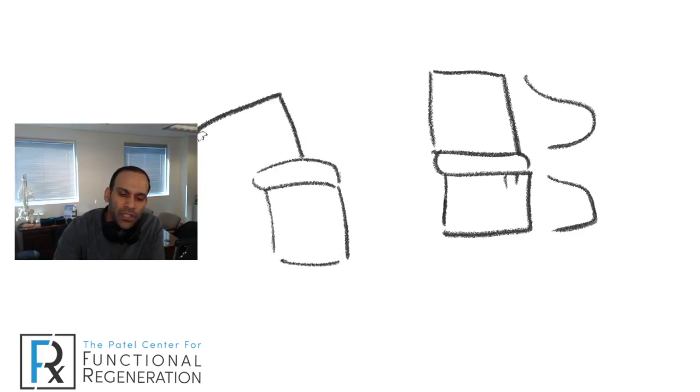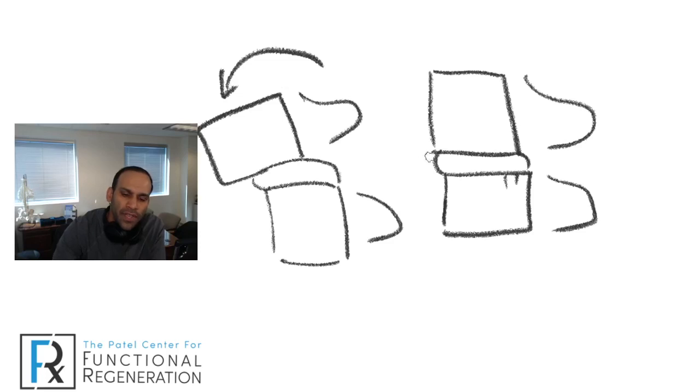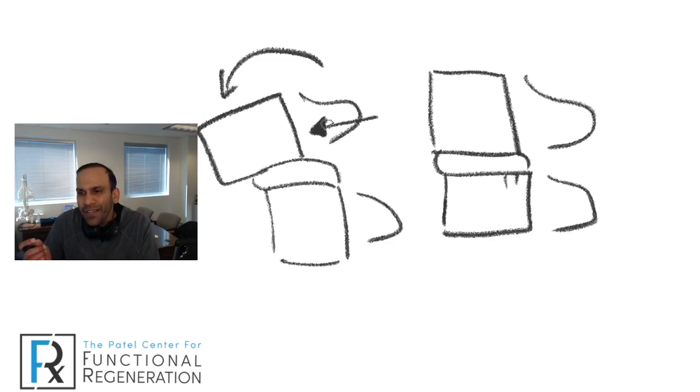But when you look at the body in flexion or bending forward, that slippage actually increases, right? When you bend forward, that slippage increases. That is a sign of instability. If that slippage increases by a matter of a millimeter or two, then it may not be the end of the world.